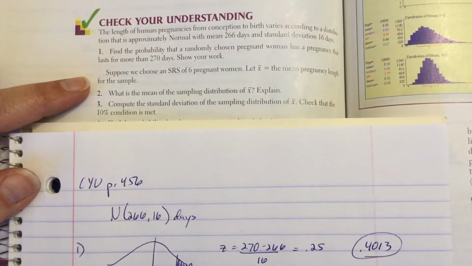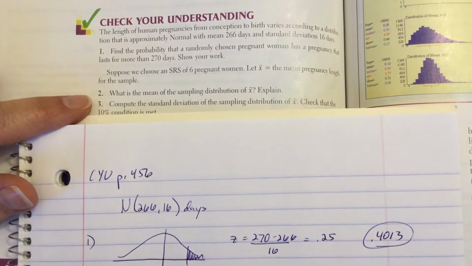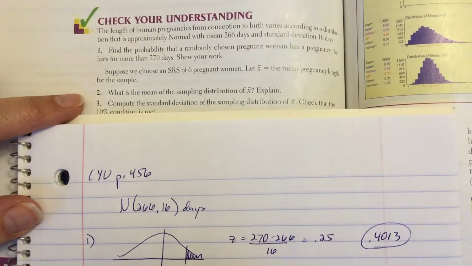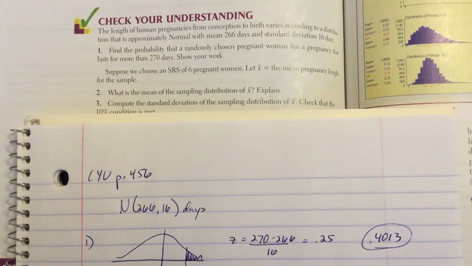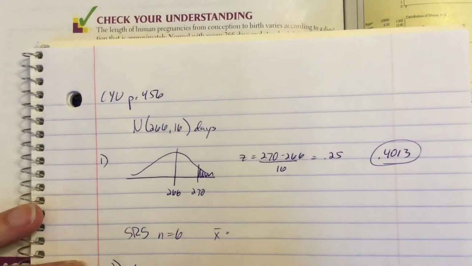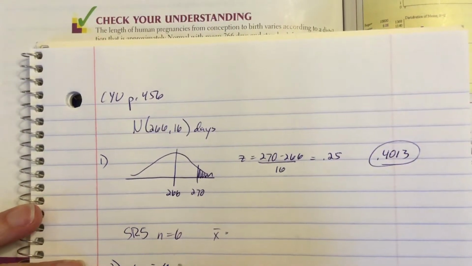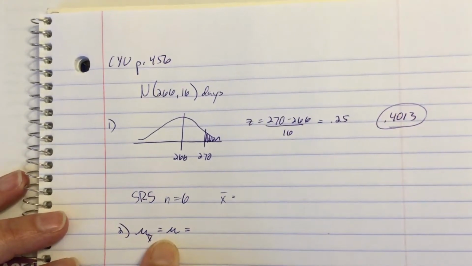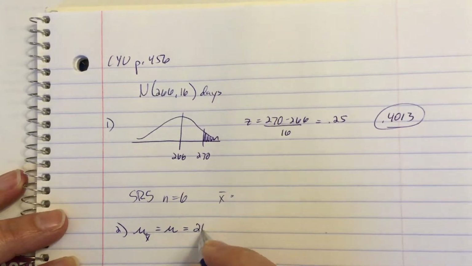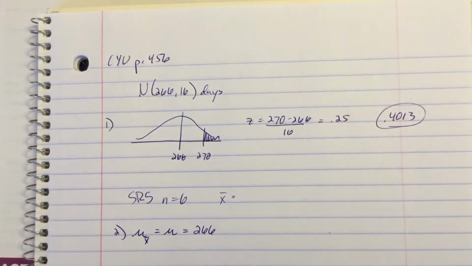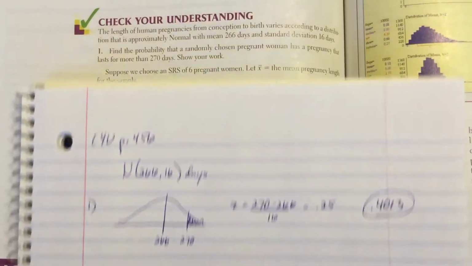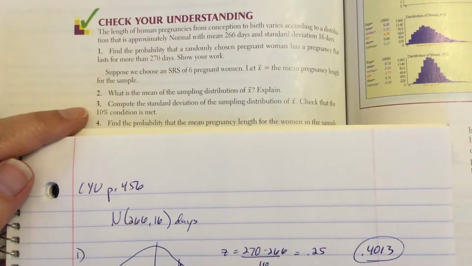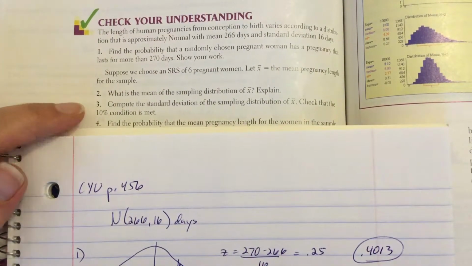Now, technically, if this was a true sampling distribution, the mean of that sampling distribution of X would be the mean of the population, the true mean of our population, which is 266 days. If this sample is an unbiased estimator for our population, and we're going to assume it is unless we're told otherwise.